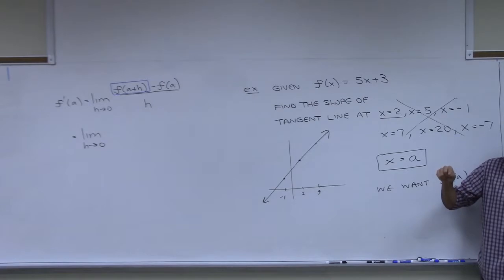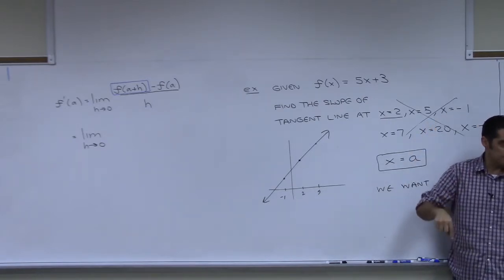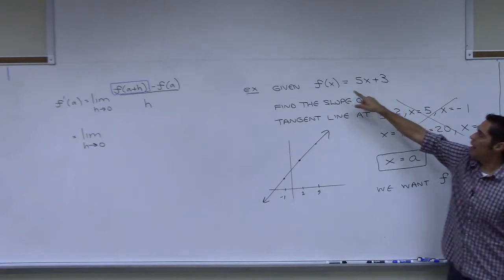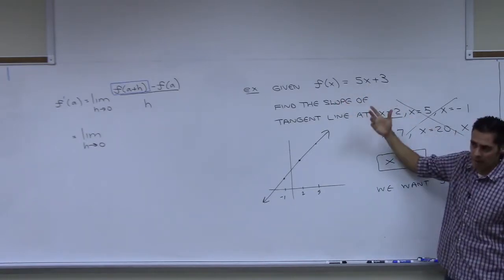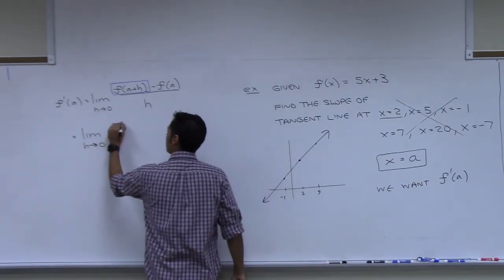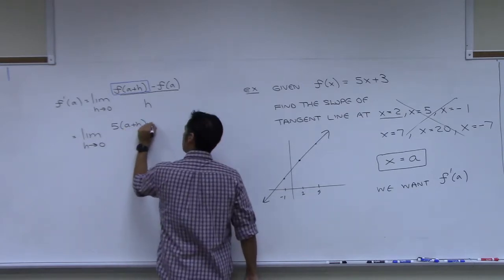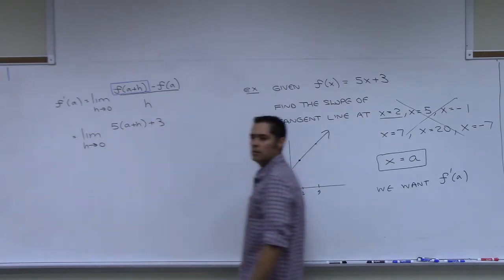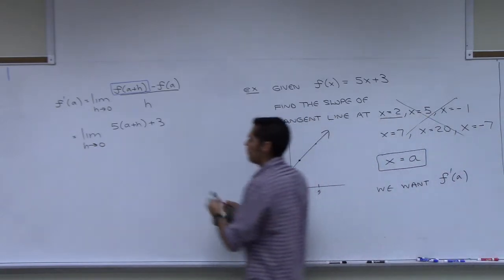Plug a plus h into the f of x, which means replace that x with a plus h. Okay? So I'm going to write that down. It'll be 5 parentheses a plus h plus 3. Yeah? So that's my little blue part.